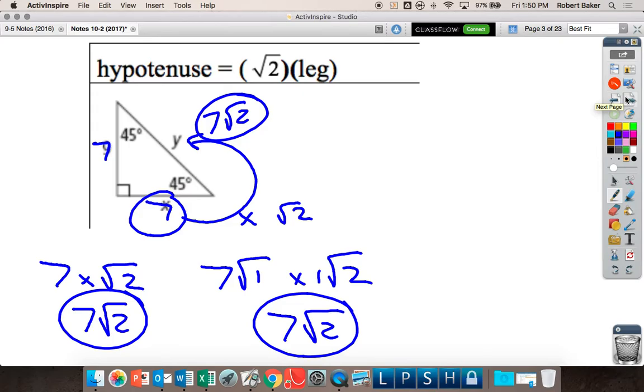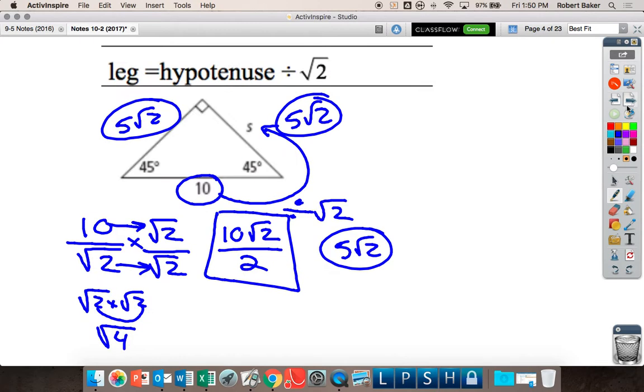Where's the radical? So if the leg is a whole number, the hypotenuse will have the radical, or the square root of 2. So let's see if that pattern checks out. Well, the hypotenuse has a whole number, so does the leg have a radical? Yeah? So you're going to get a radical somewhere. If the hypotenuse is whole, the leg has a radical.